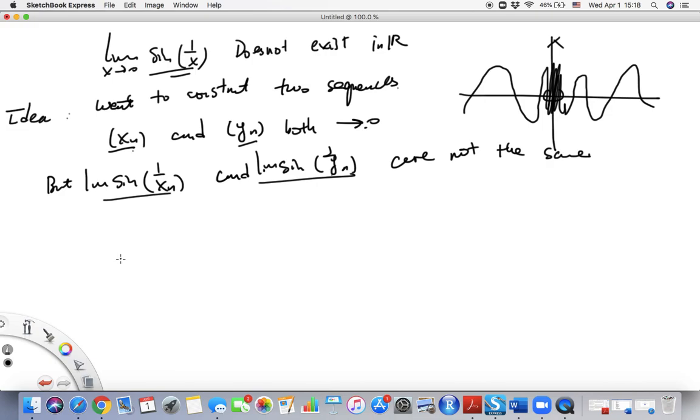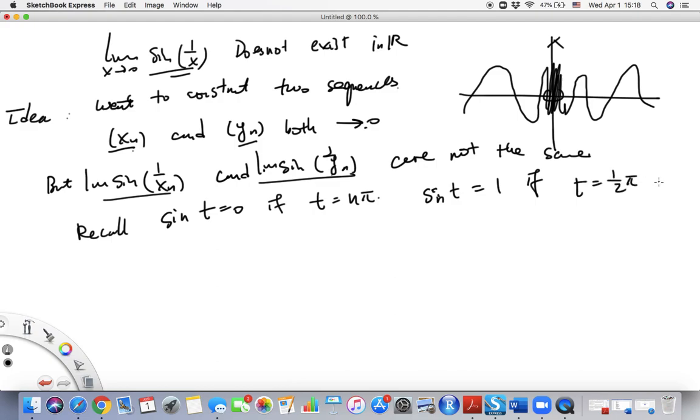Okay, so how do we construct such sequences? So let's recall that sine of t is equal to 0 if t is a multiple of pi. Okay? And sine of t is equal to 1 if t is equal to pi over 2 plus 2 pi n, right?